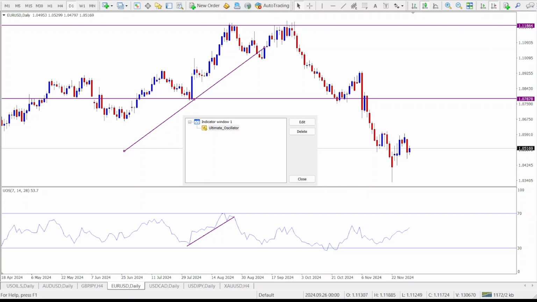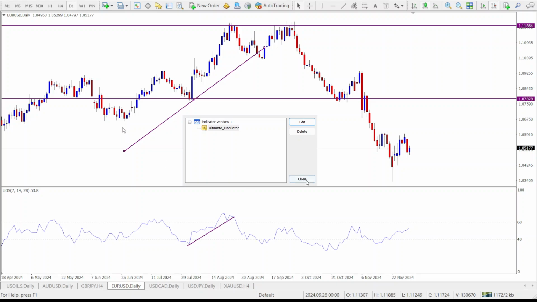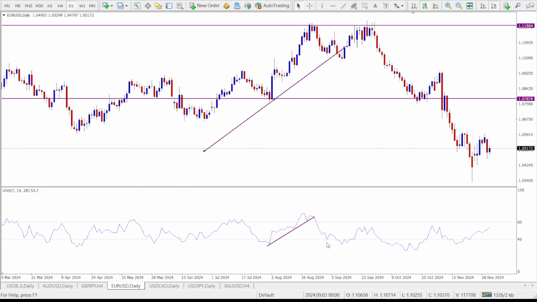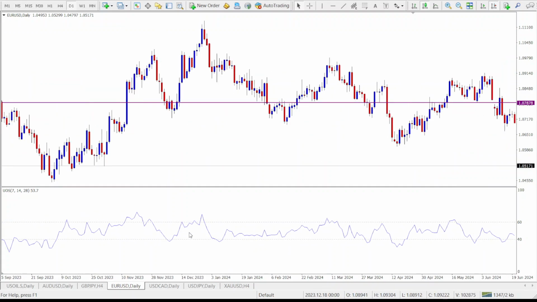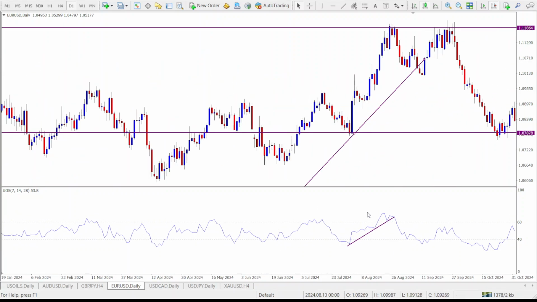The default is 30 and 70, as you can see, but you can decide to edit to 20, to 40 and to 60, right? You can decide to edit to 40 and to 60 so that you will be able to use the criteria of the indicator going beyond the level before you get your signal. Okay, don't know if you get the point.